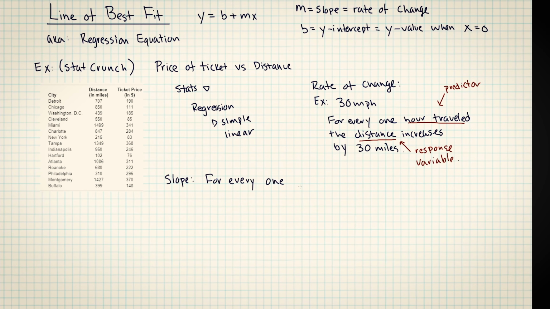So this is the form of the way that you explain the rate of change. Let's copy and paste our understanding of slope into a general understanding. I'm trying to make a statement like, for every one predictor variable, the response will increase by the slope.